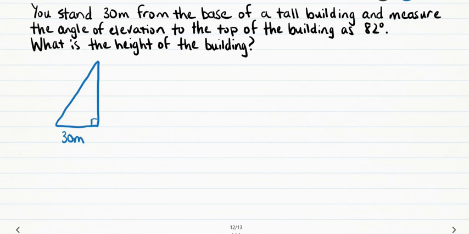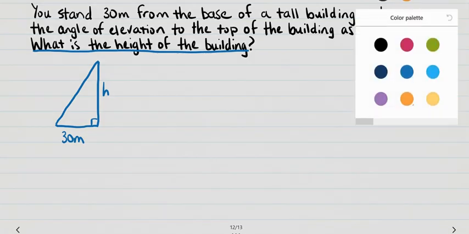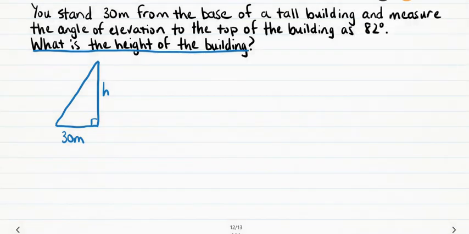We want to solve for the height of the building. That's what this question is asking about. What is the height of the building? So I'm going to label that height with the variable h. And it also mentions this angle of elevation. Now, an angle of elevation is always an angle measured from a horizontal line.